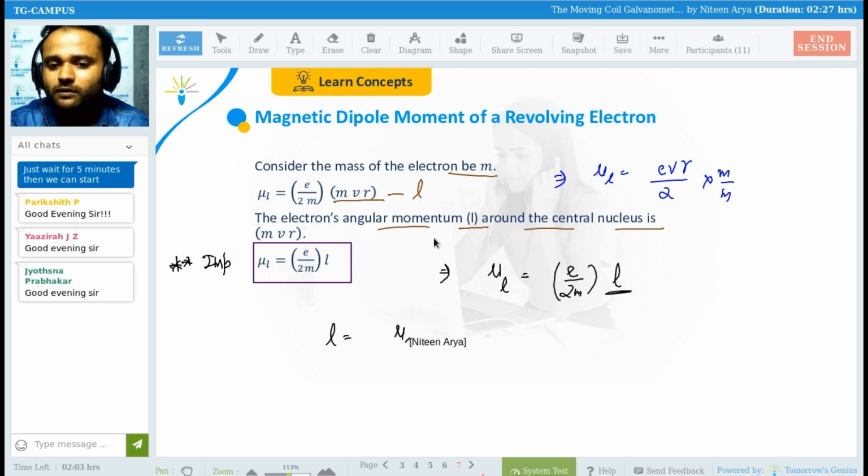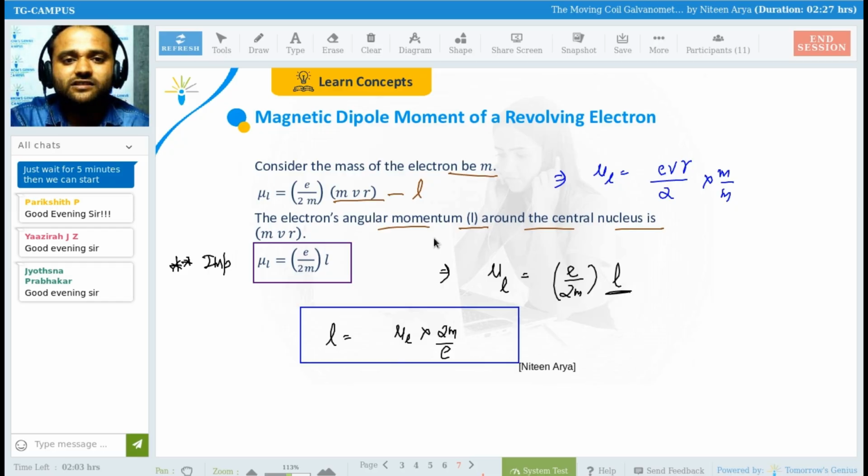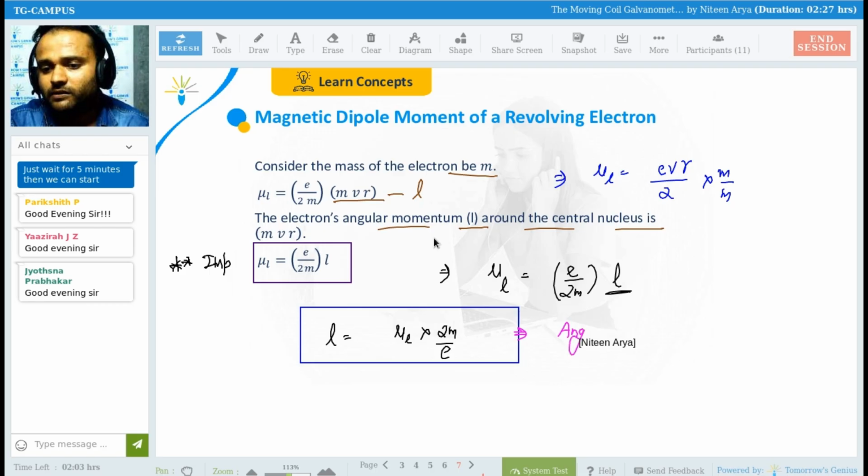L is then mu L into 2m by e, as simple as that. Okay, this is clear. And this L is nothing but angular momentum. So these are the small conversions of formulas related to each other.